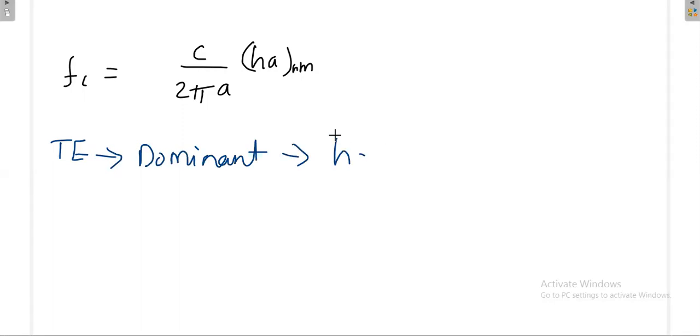the dominant mode comes when n value is 1 and m value is 1, that is equal to 1.84. In case of circular waveguide in TE mode, which one is dominant? TE11. For that the value is 1.84.